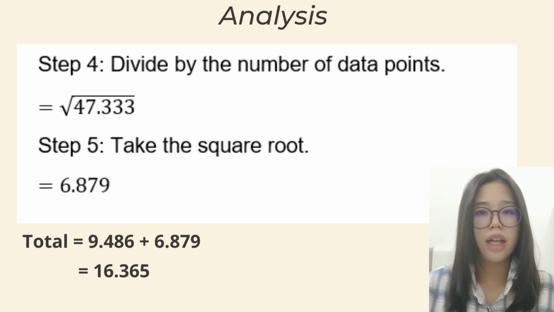Step 5, take the square root, and the answer equals 6.879. Therefore, the total is 9.486 plus 6.879 equals 16.365.